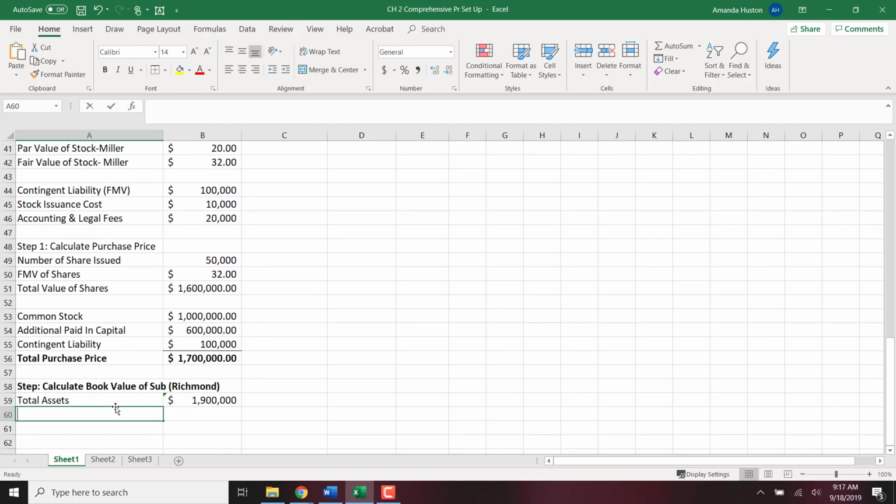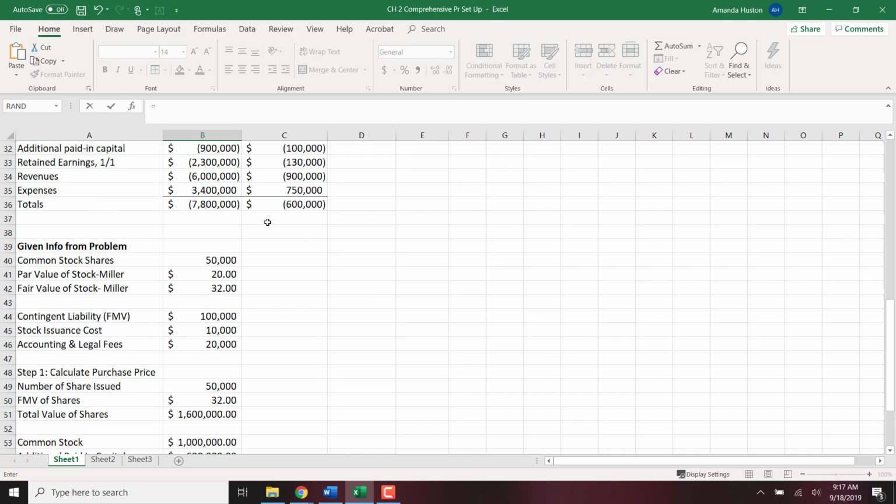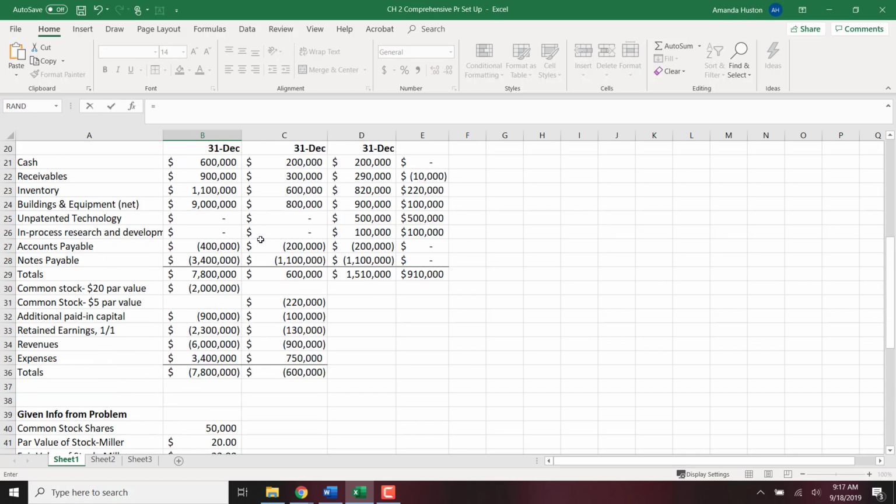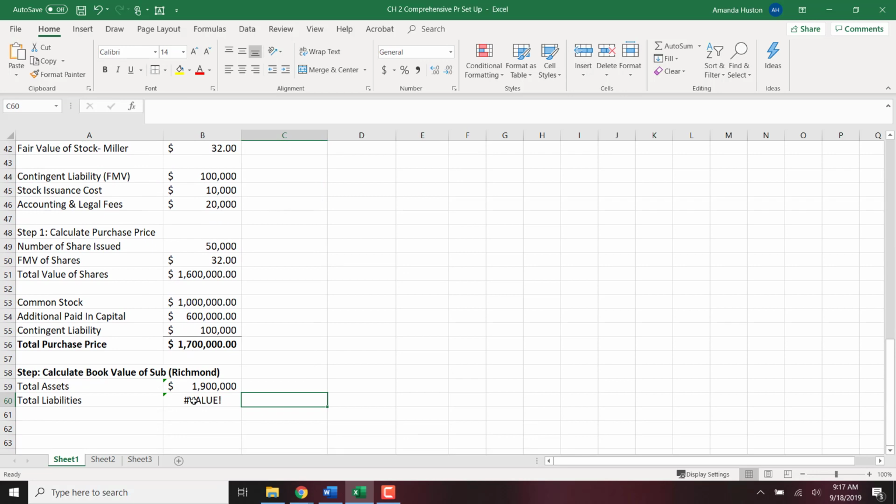And our total liabilities, sum of these two numbers.